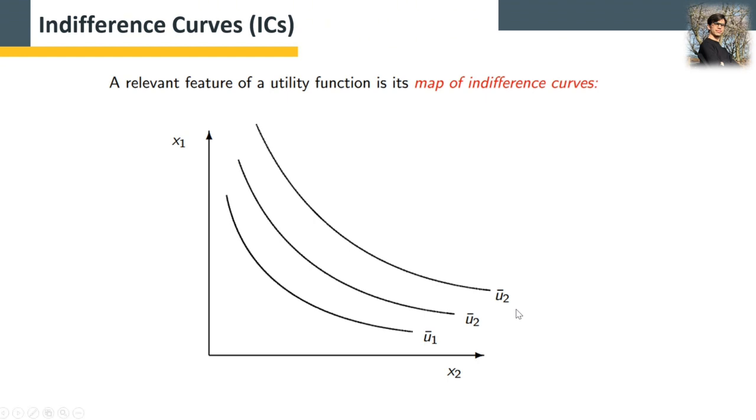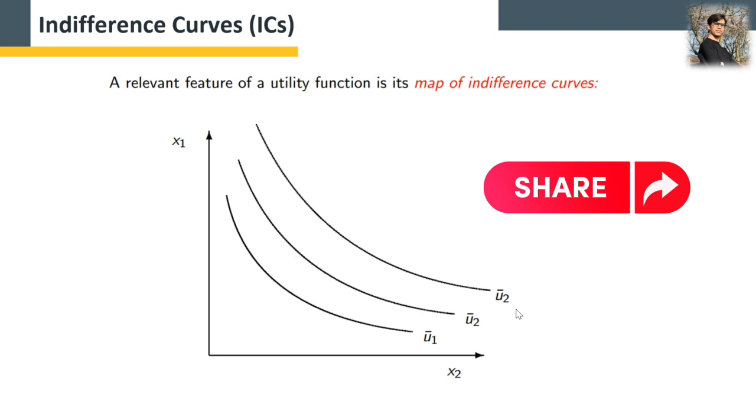But different indifference curves provide different levels of utility. Only the different combinations of goods and services on the identical, same indifference curve provide the same level of utility. But when we move to another indifference curve, the level of utility is going to change.